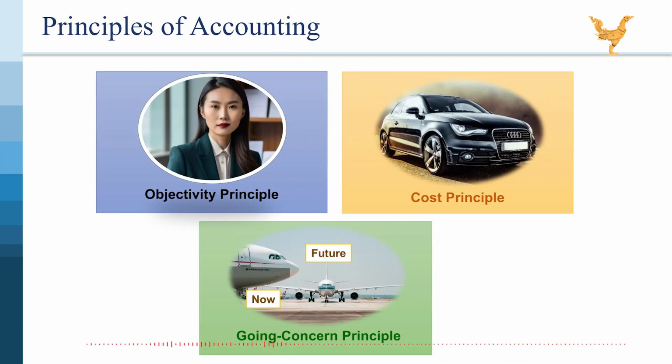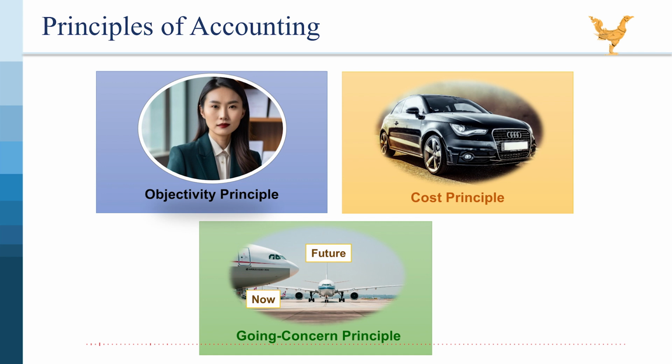1. Objectivity principle. What it means: accountants should strive to be impartial and free from bias. The numbers in financial reports shouldn't be influenced by personal opinions or feelings. Why it matters: objectivity ensures that financial information is reliable and trustworthy. If accounting was subjective, every business could present their finances in the most favorable light, regardless of reality.